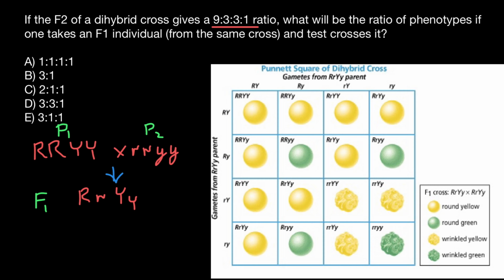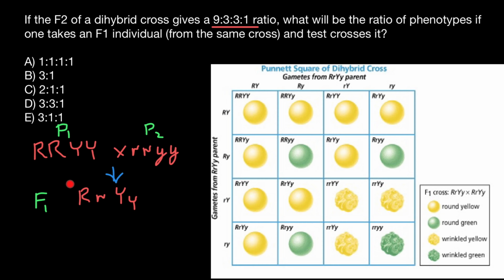From parent 1, all F1 generation are going to get the dominant allele R, and from parent 2, the recessive allele r. And for the second set of alleles, for the second gene Y, from parent 1, only the dominant allele the F1 generation can get, and from parent 2, only the recessive allele.